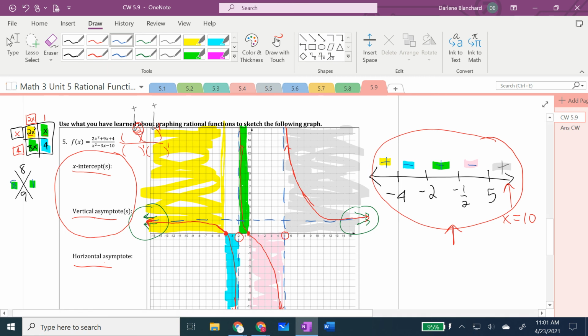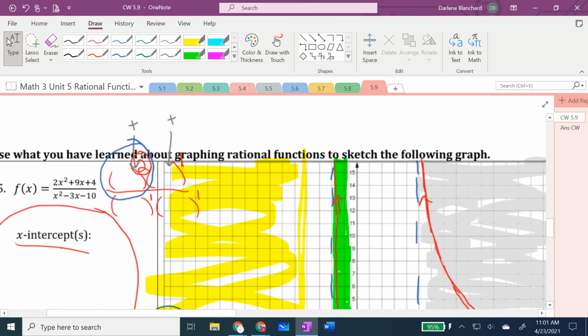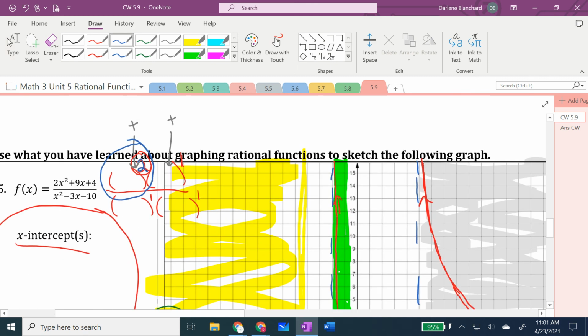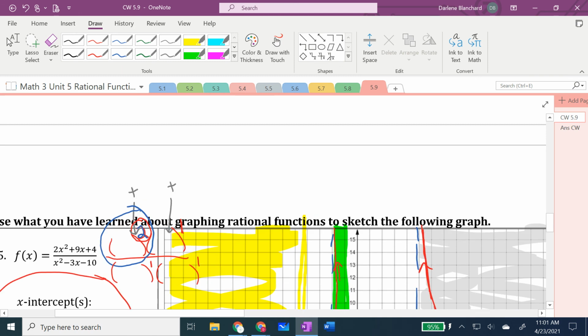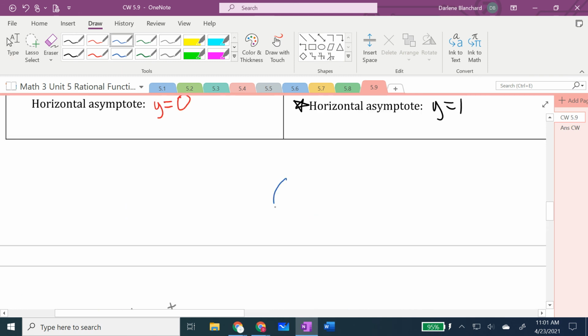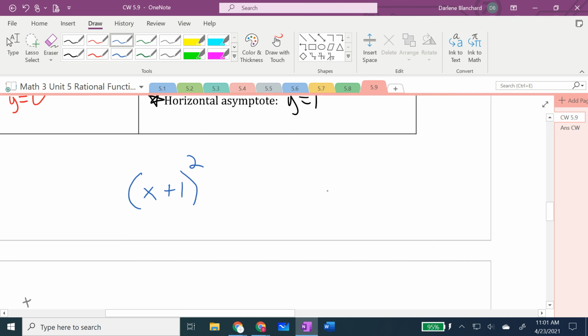If you get the idea, then when you see a factor that has an even exponent. Now I'm going to make something up, so I'm getting away from the graph. Let's say you have x plus 1 squared in either the numerator or the denominator, one or the other. -1 makes that equal to 0.